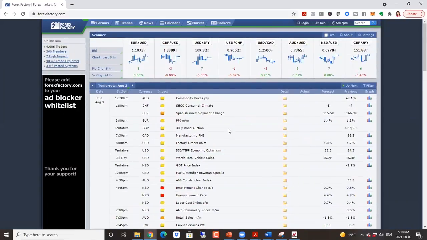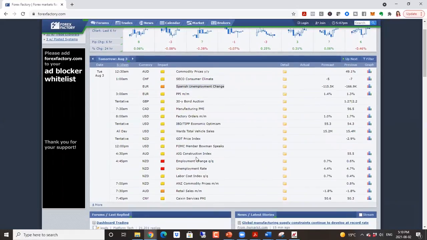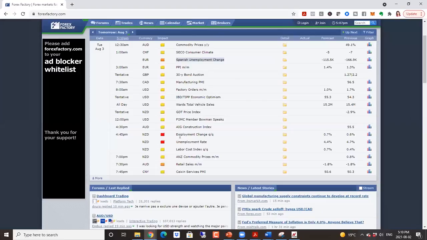Coming up on Tuesday, we have some employment data out of Spain, and there's an FOMC member speaking, and PMI numbers for Canada, just the manufacturing PMI numbers. So not a ton of important data. Now, the employment numbers for New Zealand will be important, so we'll keep an eye on that.